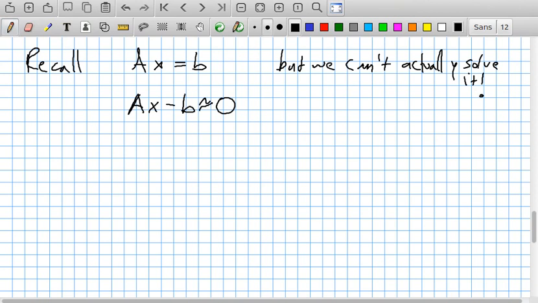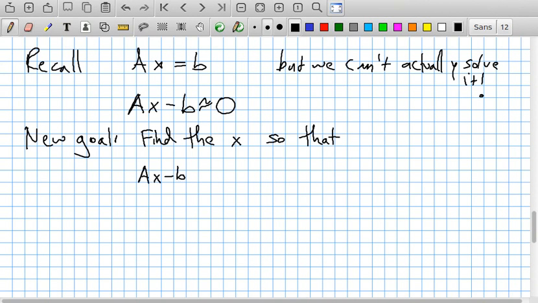Or put another way, our new goal is to find the x so that Ax minus b is as small as possible.